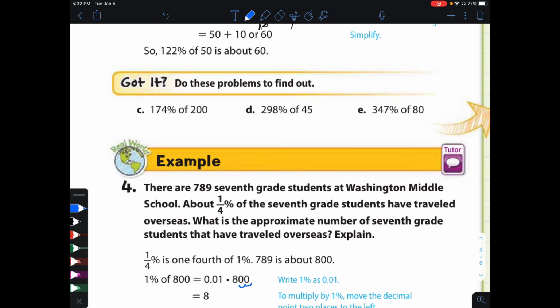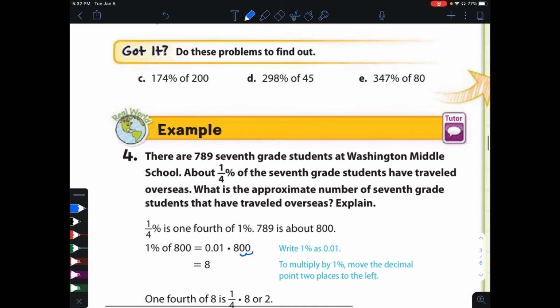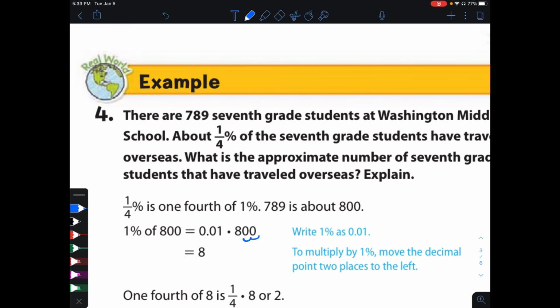Okay. Now after that, since 1/4% is 1/4 of 1%, we now get 1/4 of 8. So 1/4 of 8 is the same as 2. Again, if we take a look at this and we cross cancel, this is 1 right there, and this is 2.